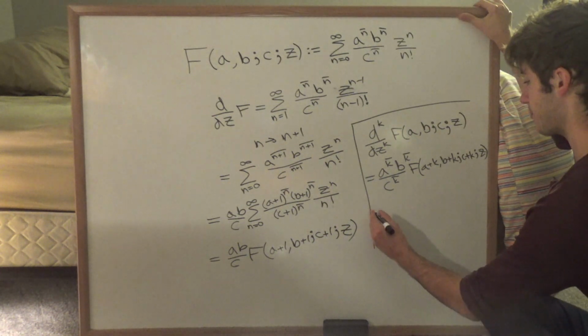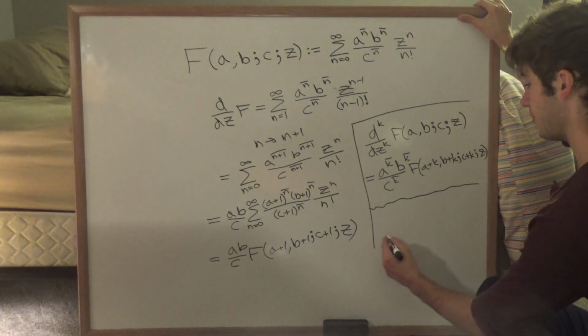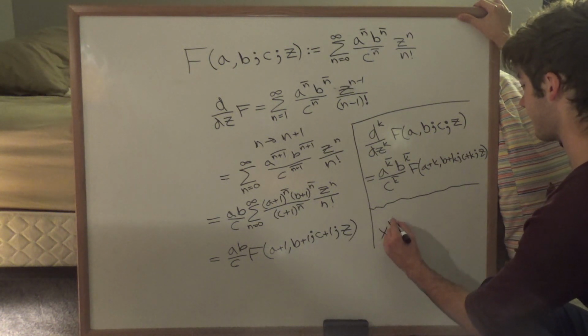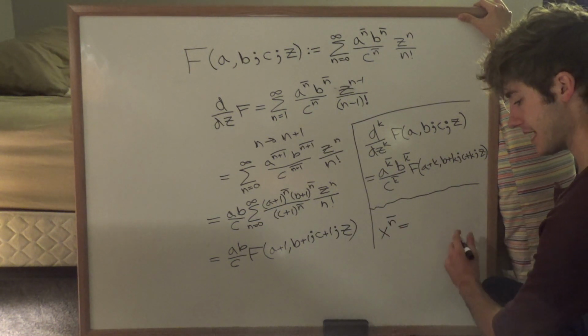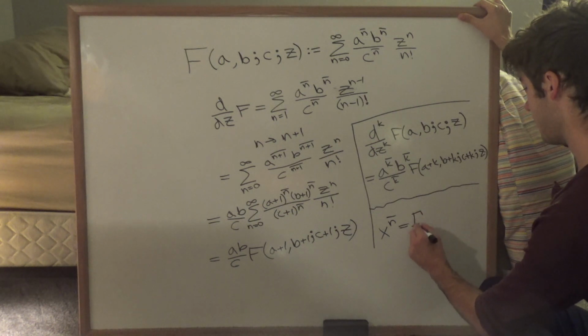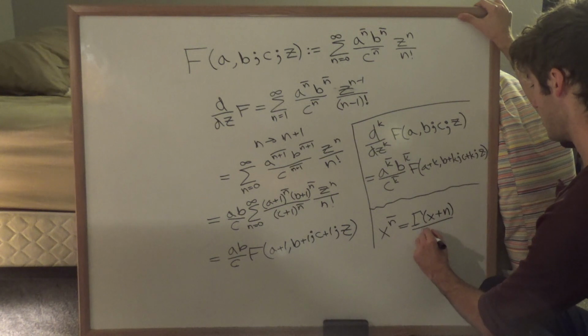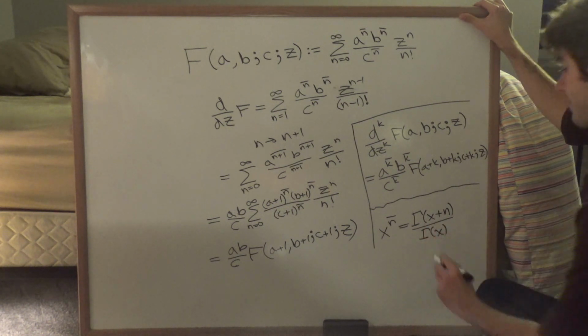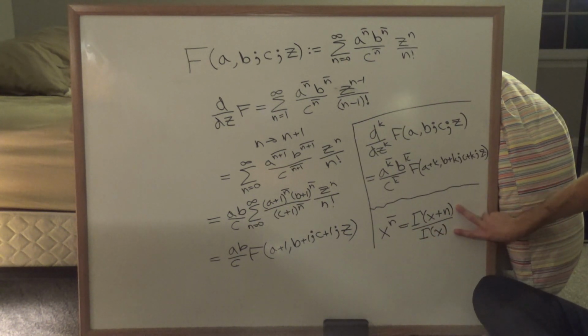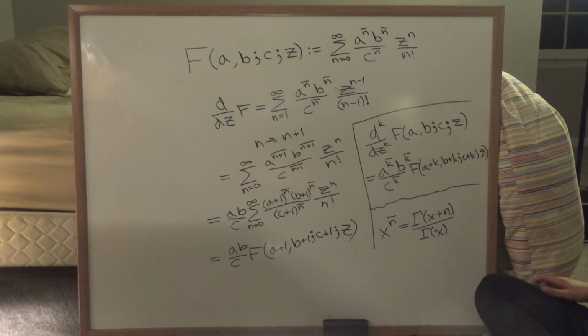So if you recall from the previous video, I was able to show that the nth rising factorial of x is simply equal to gamma of x plus n divided by gamma of x. And because these are both, I believe the word is meromorphic functions, they're undefined at only a countable number of points. The only thing you can't really plug in is non-positive integers.